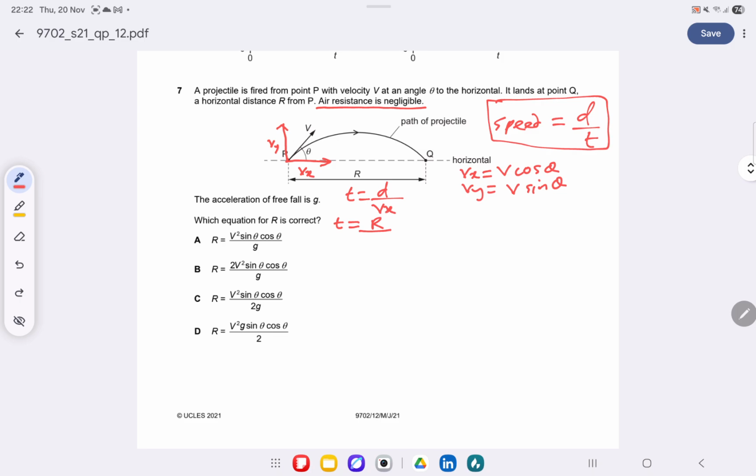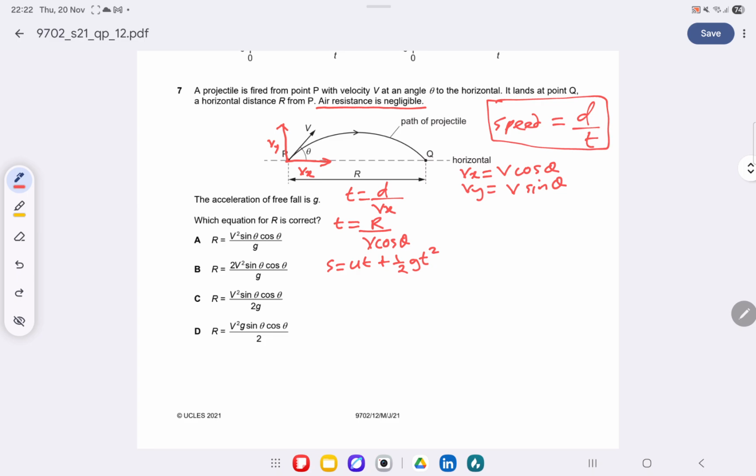So this time, when we write it in terms of V, will be R over V cos theta. So this is for the horizontal. We are going to do the same thing for the vertical. If we are looking at the vertical, you must use our SUVAT. So the formula that we can use for that will be s equals ut plus half gt squared.